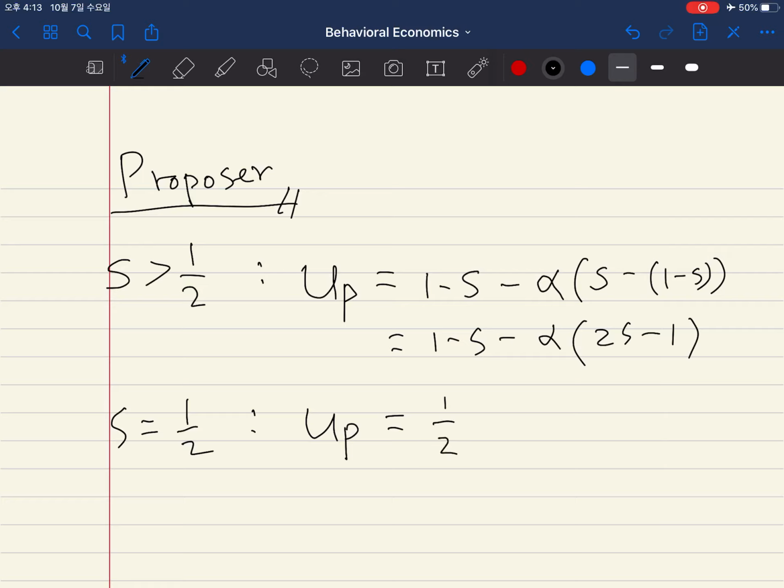So first, the proposer's consumption is half, and in this case there is no inequality because both the proposer and responder obtain exactly half, the same amount. So there is no disutility from inequality here. So the proposer's utility is equal to half.